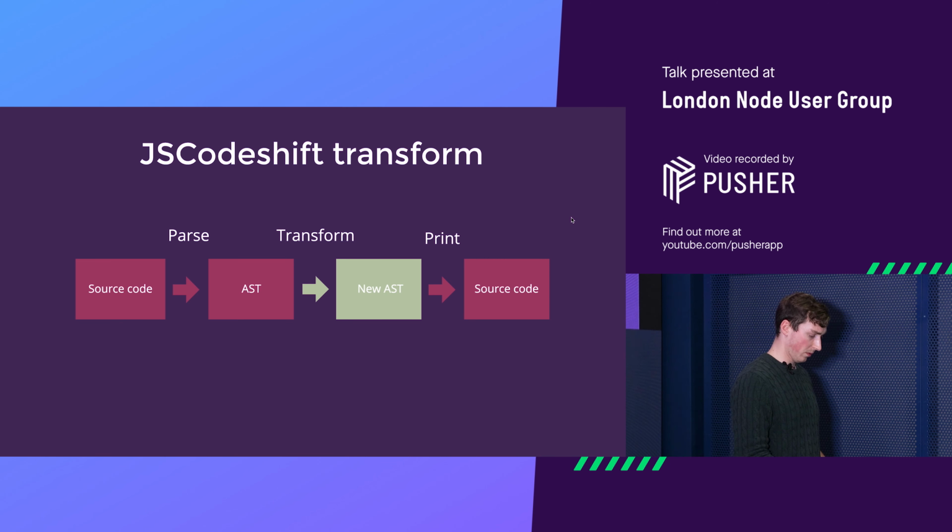So the key part of jscodeshift is this transform. That's the code that you can write yourself that will modify the AST before it's transformed back into source code.